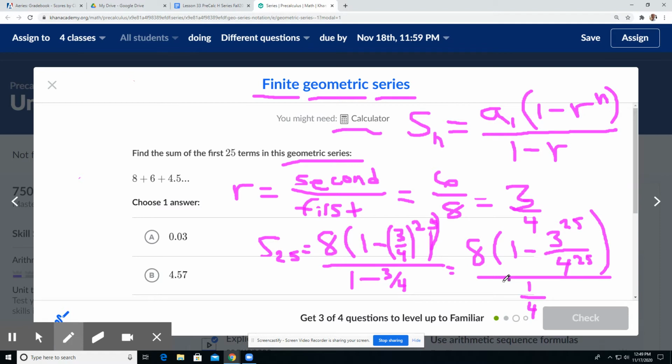0.75 to the 25. Let's do some side work up here.